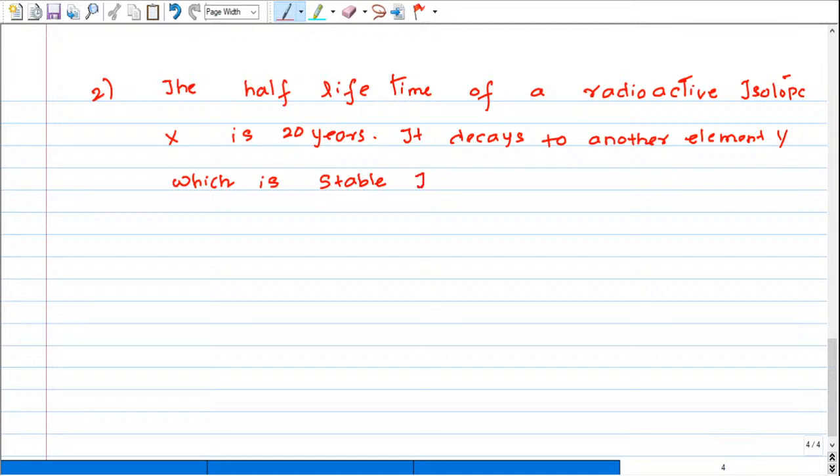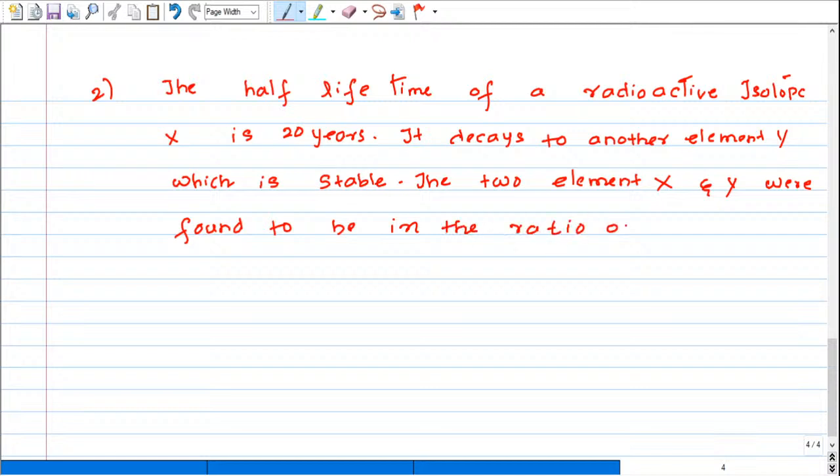The two elements X and Y were found to be in the ratio of 1:7 in a sample of given rock.